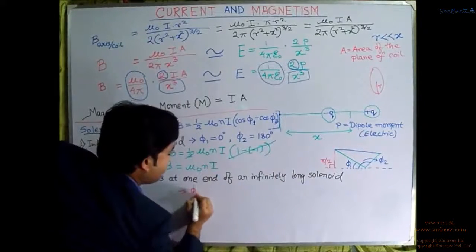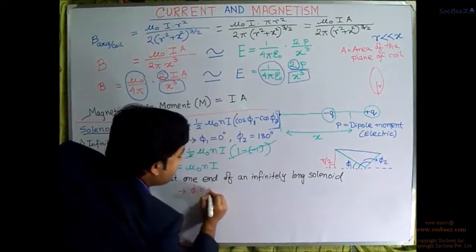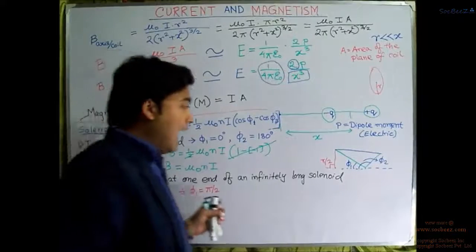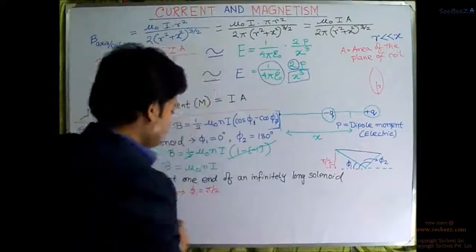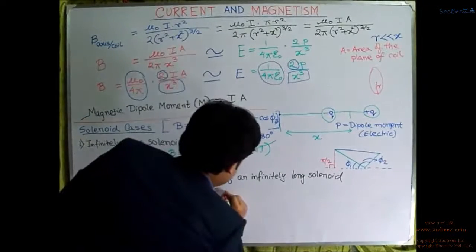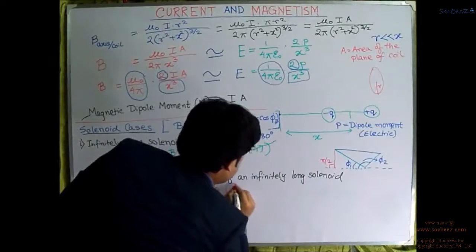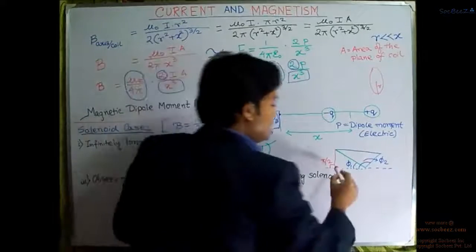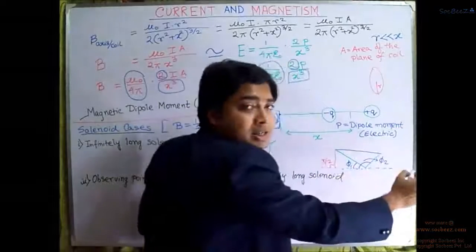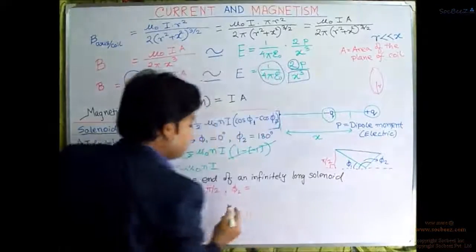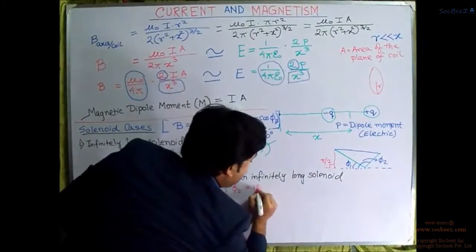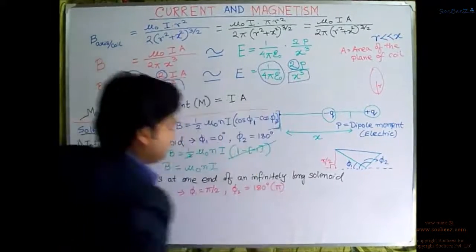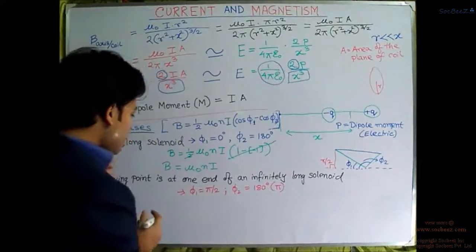And phi 2 will be equal to 180 degree or pi, right?